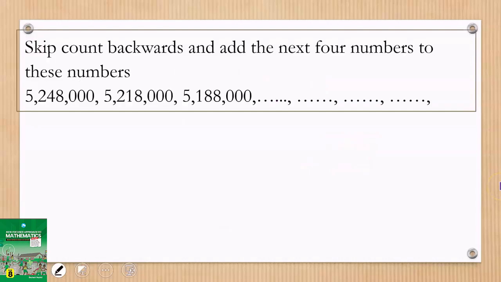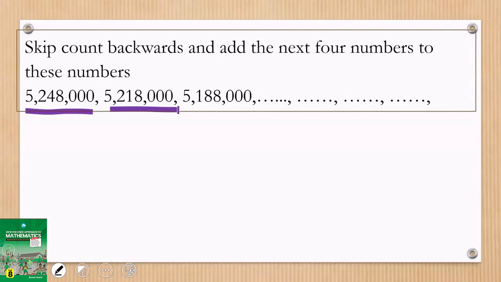This time around, we want to do backwards skip count. So skip count backwards and add the next four numbers to these numbers. From the first number to the second number, what is the difference? Because you're talking about backwards, the second number should be less than the first number.